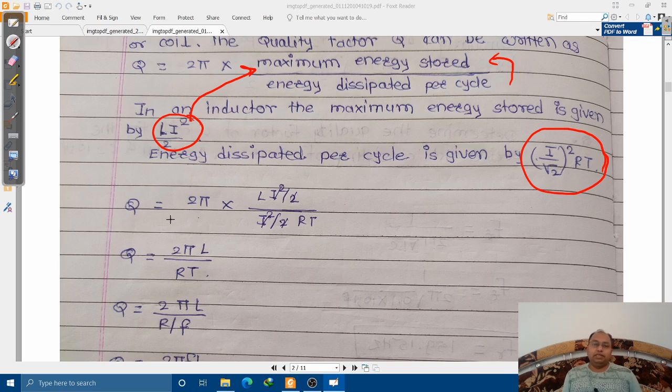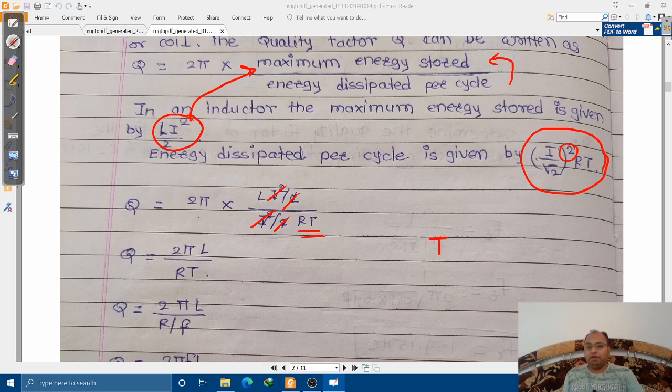We have put half Li square into the numerator, and (I by root 2) bracket square is I square divided by 2, so root 2 gets cancelled with the square, and then RT. Can I cancel out I square? Yes. Can I cancel out the divided by 2? Yes.